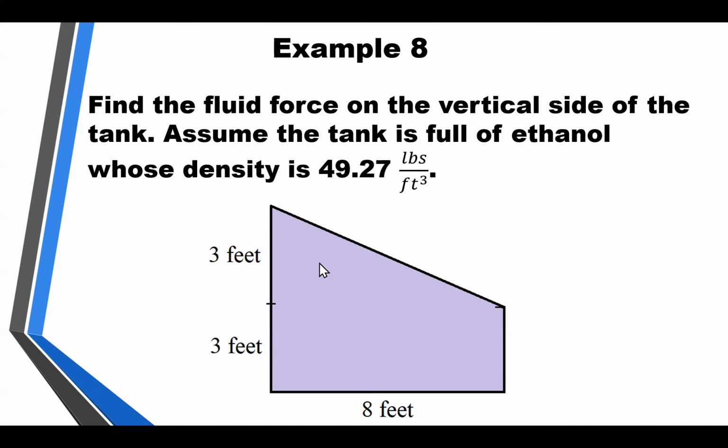Now, ethanol is a liquid which has a lower weight density than water. Its weight density is 49.27 pounds per cubic foot. So let's try to find the fluid force on the vertical side of this tank as long as it is full of ethanol.